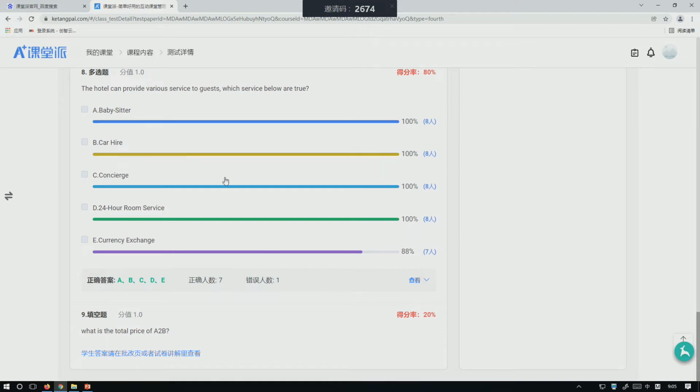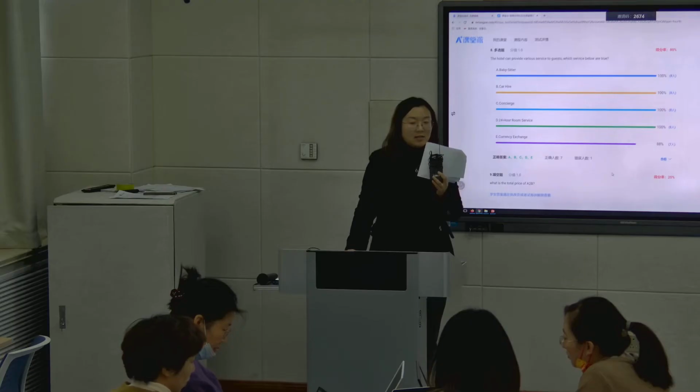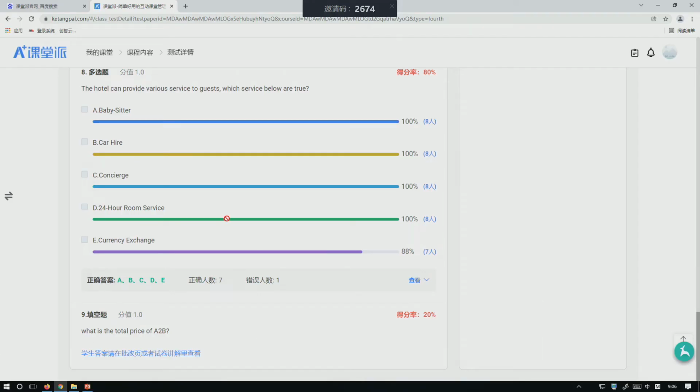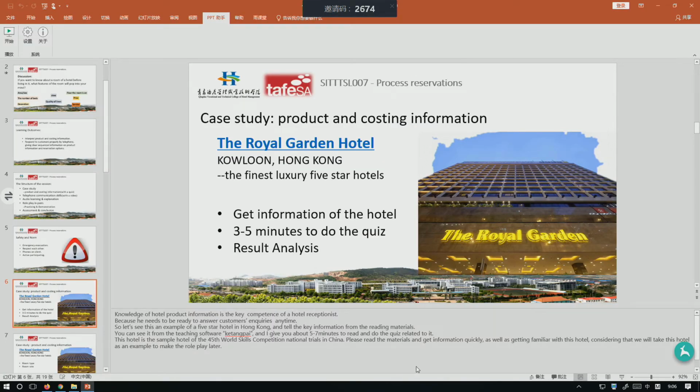So that's the problem. I can explain it further later because it involves different expressions of room rate, total, net. So we will talk about it later and solve this problem. Okay, good job. Most of you have done a good job.